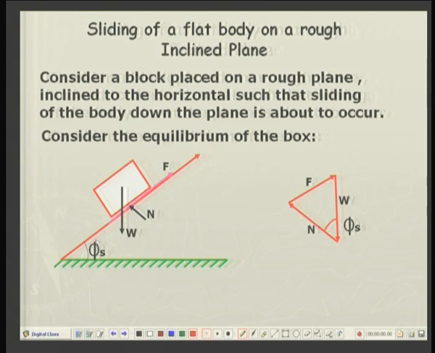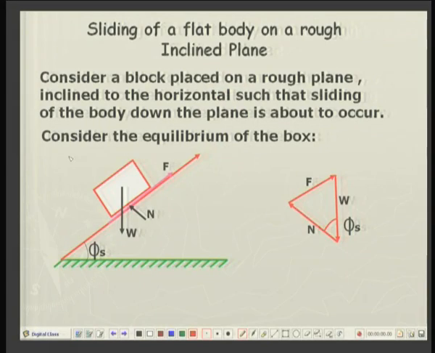On this plane board, you have a given box whose coefficient of friction is to be measured. Always remember, the coefficient of friction is a characteristic of two contacting surfaces. It is not a property of one surface, but a property of two contacting surfaces.